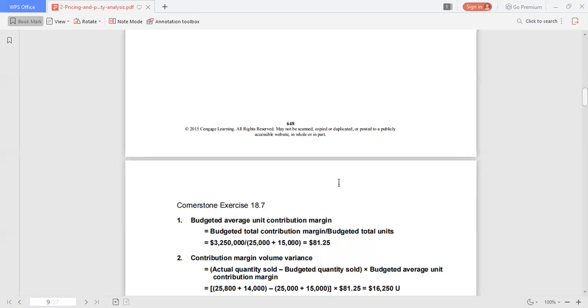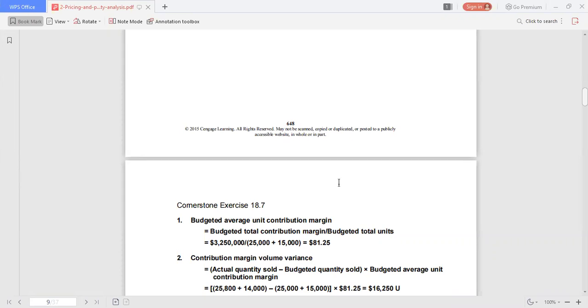The budgeted quantity sold is at a total of 40,000. And you compare this with the actual quantity sold. The actual is only 39,800. The budgeted is 40,000.